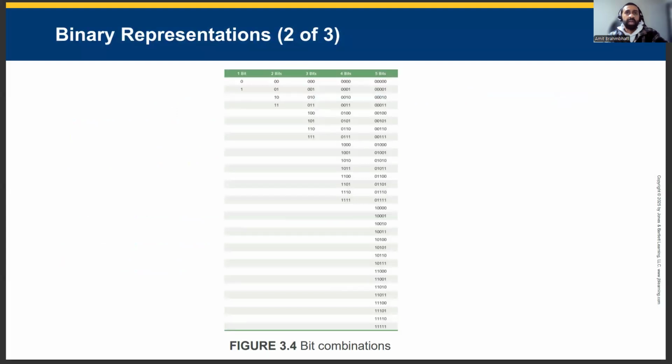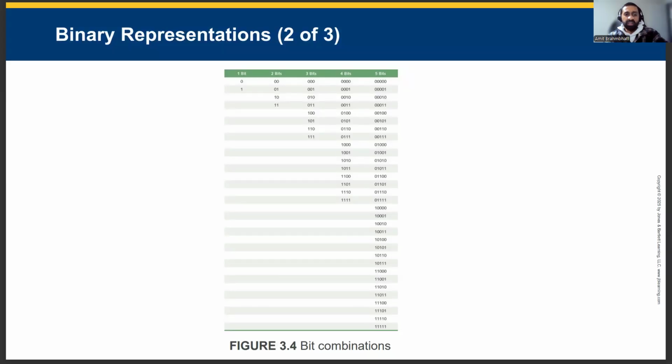Here we have a slide that shows what the previous slide asked for. These are the bit combinations for 1, 2, 3, 4, and 5 bits. These different bit combinations and how they map to distinct values is seen here. Each unique pattern of zeros and ones represents a unique number or symbol.